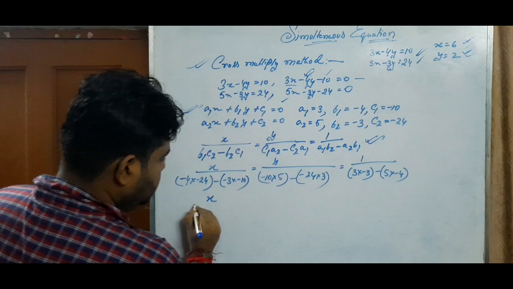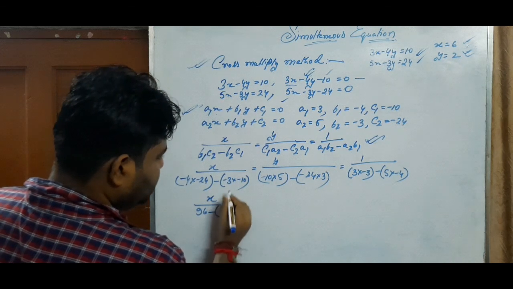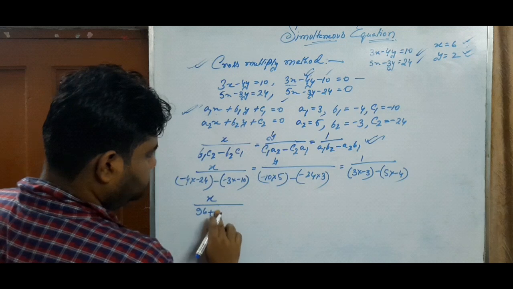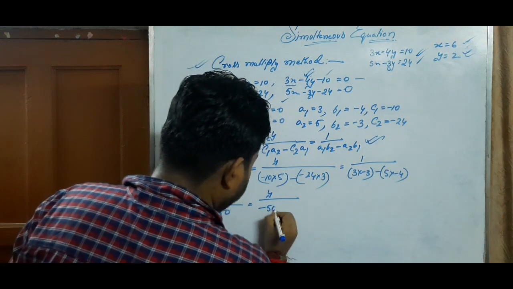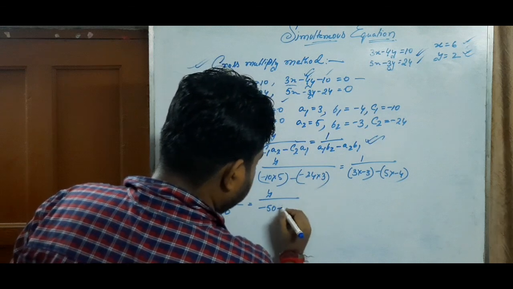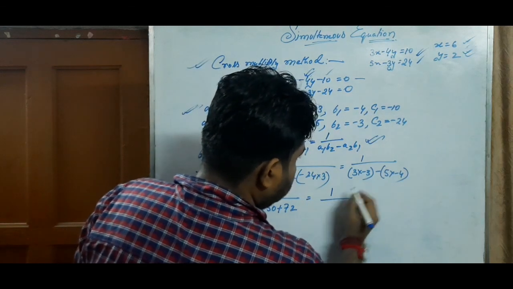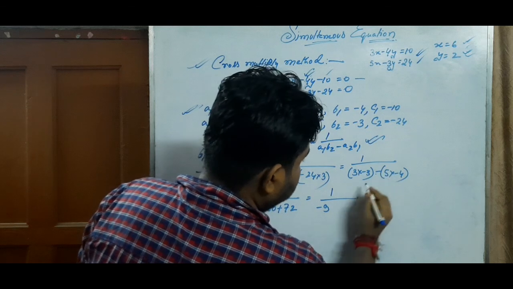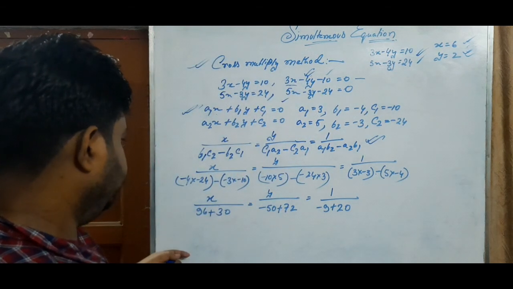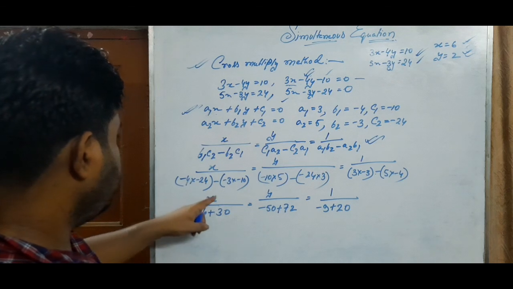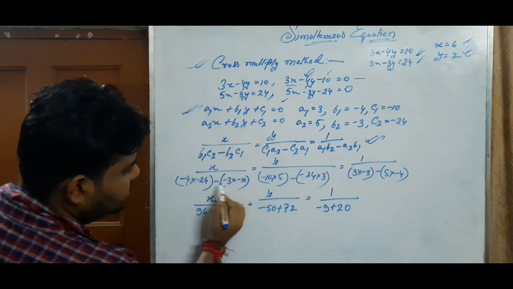Now x by minus plus, that is 96 minus minus 30, that is plus 30, equals to y minus 50 minus of minus 24, that is minus 72, that is plus 72, equals to 1 by minus 9 minus 20, that is plus 20, minus plus 20, minus 30, minus minus plus 30, minus 30.